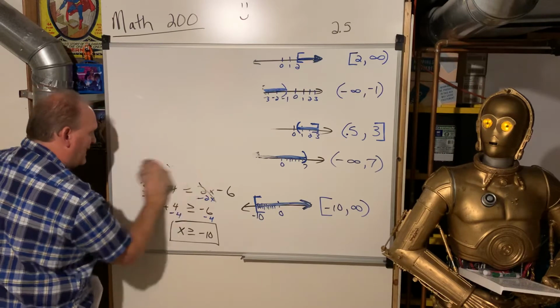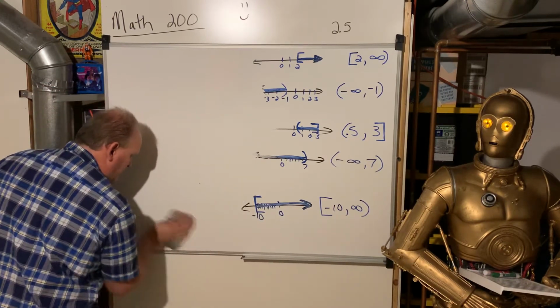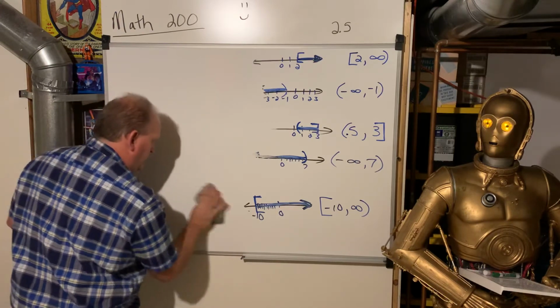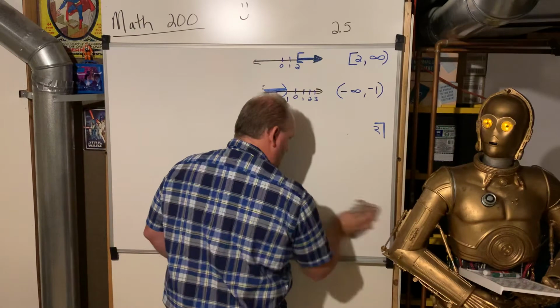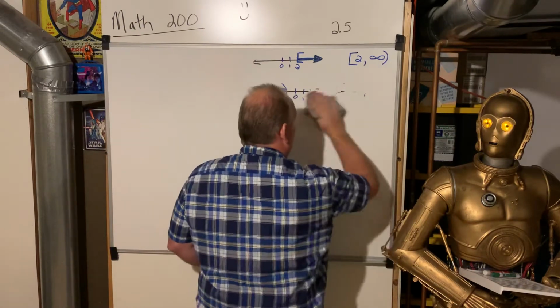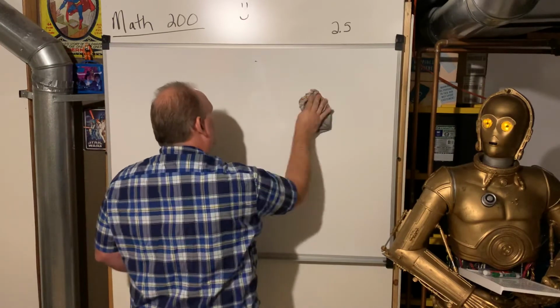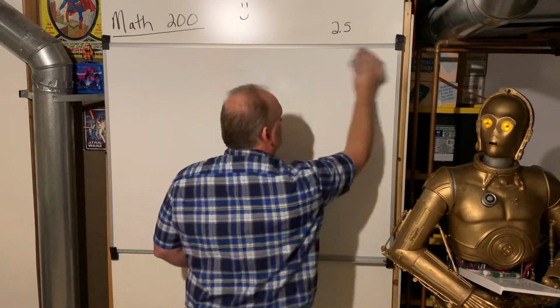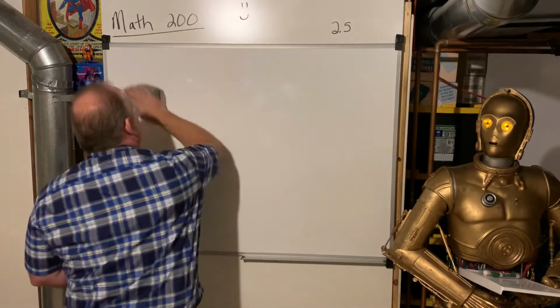If you ever divide or multiply by a negative number, you have to reverse the inequality sign. So if it was greater than or equal to, it's now less than or equal to. If it was less than, it's now greater than. Only if you multiply or divide by a negative.